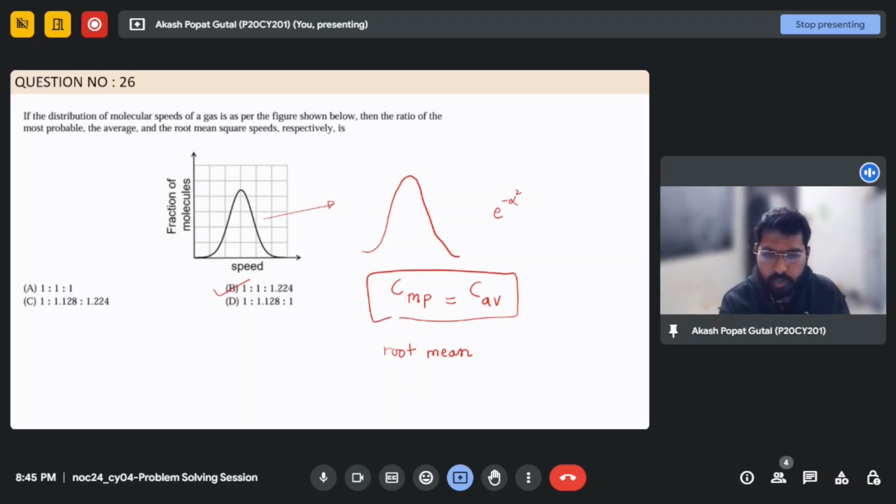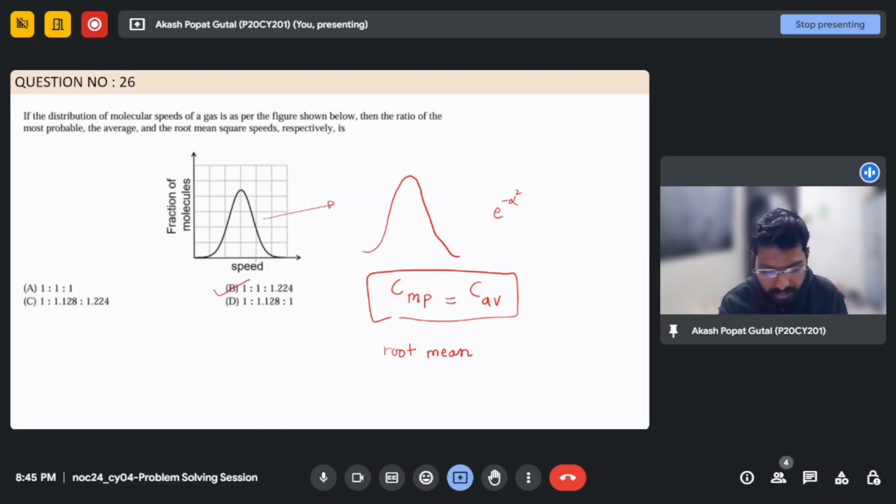And why the root mean square velocity stays 1.224 in proportion: it's having a higher value than the average and most probable speed. It's because we are squaring the speeds, then adding and taking a mean.